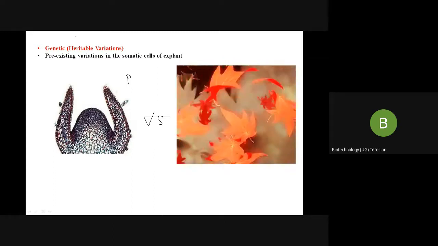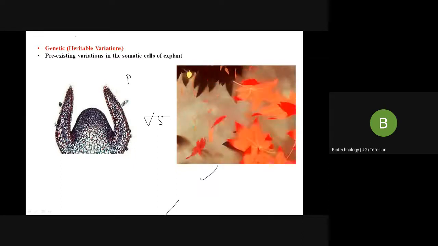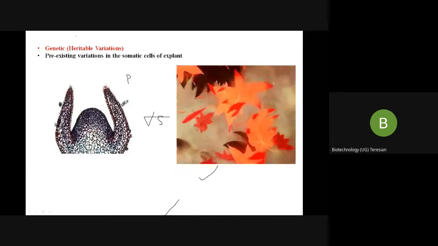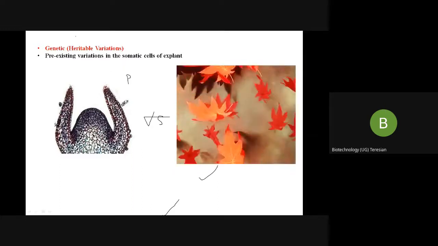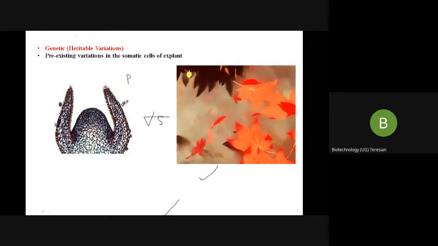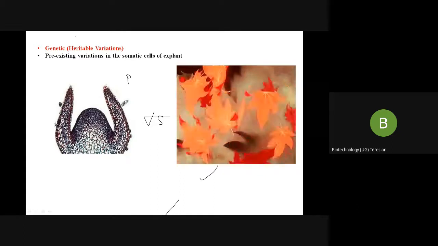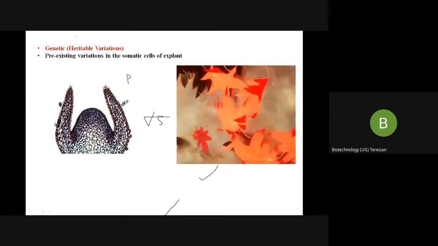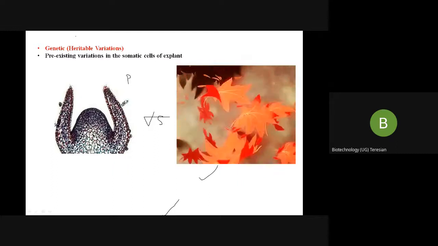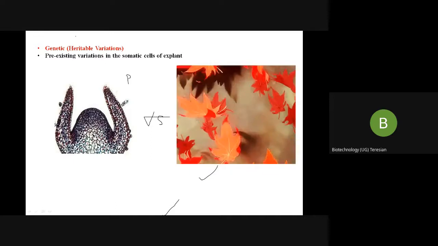The leaf is more specialized when compared to meristem. So when you ask who is having more variation, the variation is there in the leaf because it is more specialized. The more specialized the cell is, the more can be the somaclonal variation.